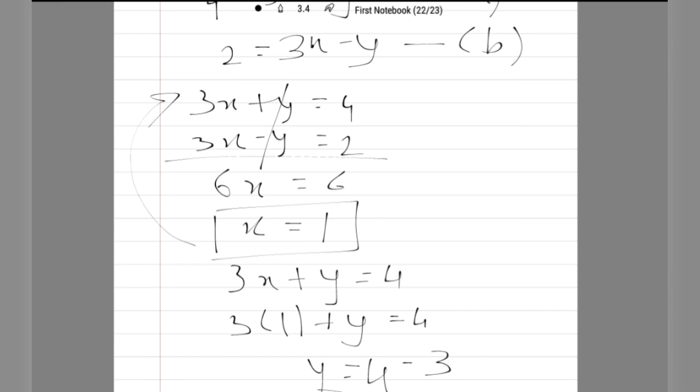Telling you in a verbal way it is a little difficult, but I think you must have understood, as we have done two sums in this. Just remember one thing: take common what is there and put that value as a new variable, so it would be easy.